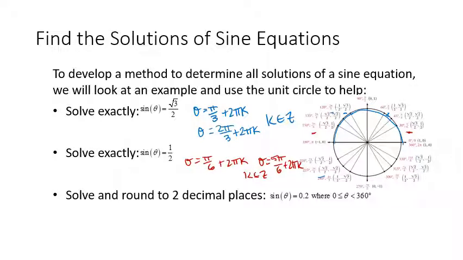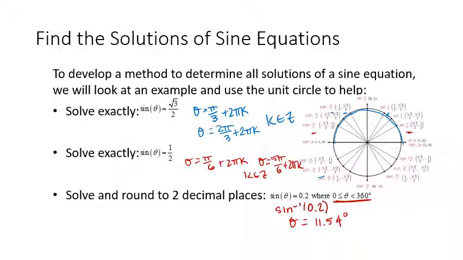So now again, if you had to use your calculator for this and do the inverse functions, we do sine inverse of 0.2. When you do that, you're going to end up getting that theta is 11.54. We'll keep this in degrees. It looks like we need to be in terms of degrees with how they've restricted our domain.